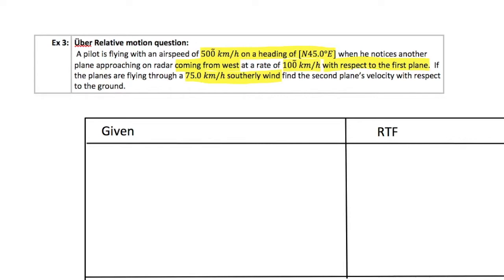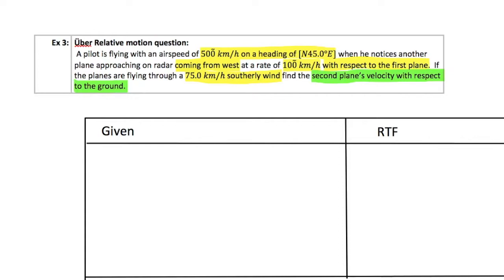And finally, what we're looking to find, we're asked to find the second plane's velocity with respect to the ground. So now that we have extracted the information that we have and identified what we're looking for, now is the time that we start filling in the given information. As mentioned earlier, I decided that I'm going to use the letter B to represent the velocity of the second plane.